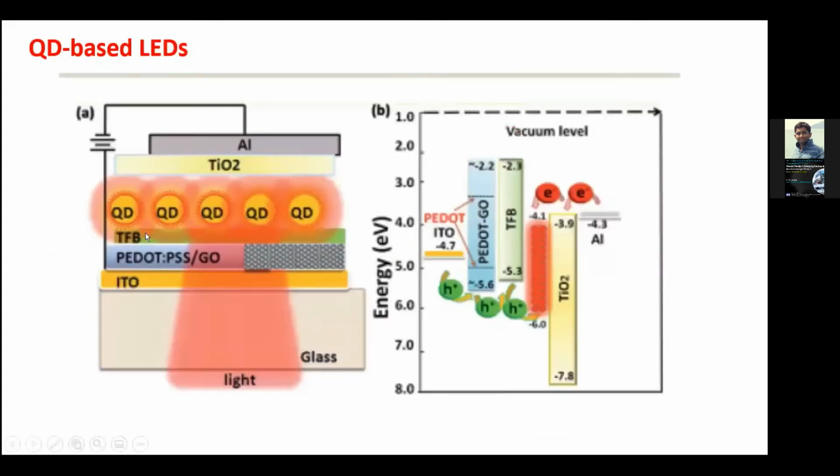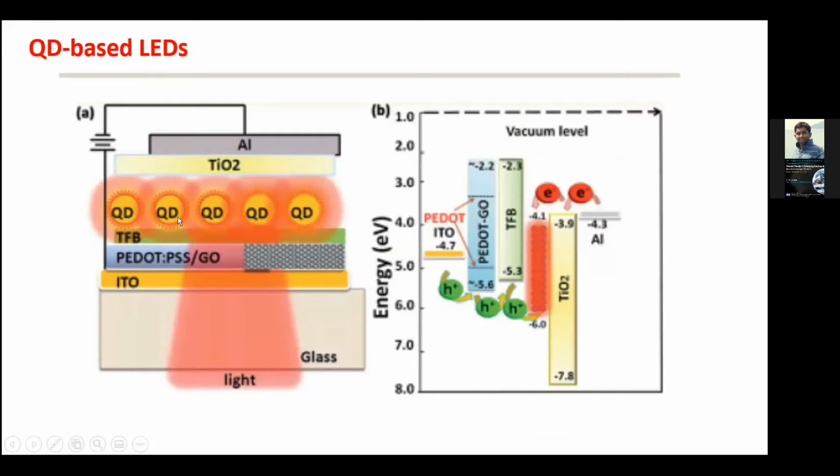So here you can see the very basic structure of the diode. You have a conducting surface where you can use ITO, indium tin oxide, and then you have a p-type layer. It's a polymer, PEDOT:PSS, and then here they use another layer, but generally people don't use this.